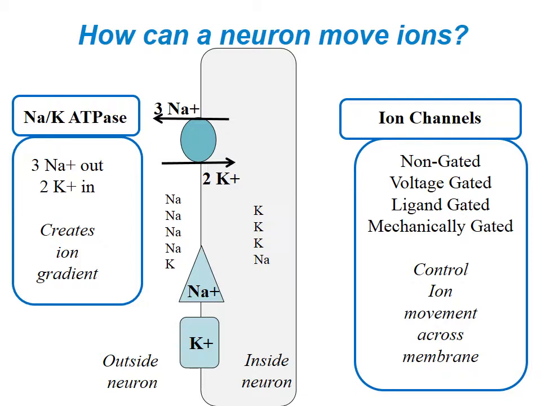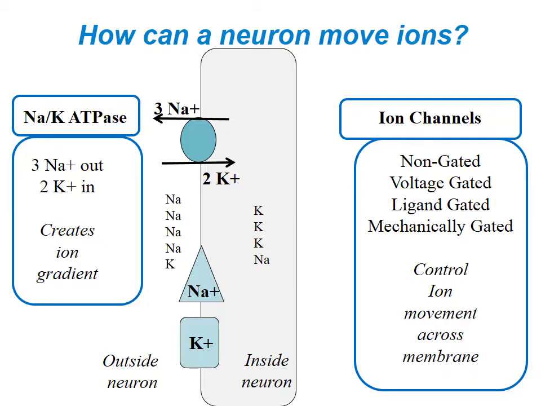Sodium-potassium ATPase is the name of the protein pump in the neuron membrane. These pumps are all over the neuron and move exactly 3 sodium ions out of the cell and then 2 potassium ions inside the cell. This ATP-driven pump never stops working.